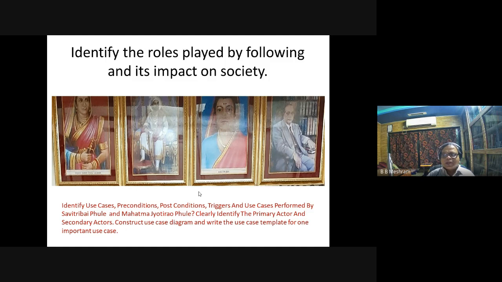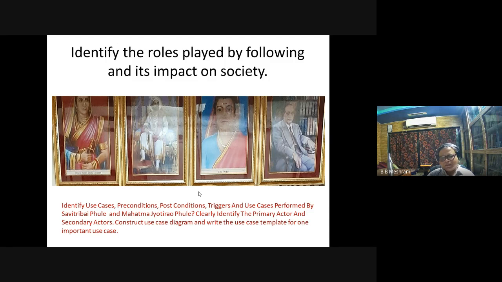So in this scenario, Savitribai Phule and Mahatma Jyotirao Phule. Sometimes Savitribai Phule will act as a primary actor. Sometimes Mahatma Jyotirao Phule will act as a secondary actor. So Savitribai Phule can also act as a primary actor and secondary actor.